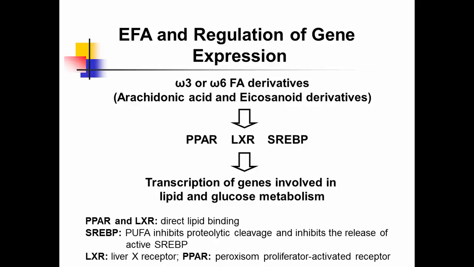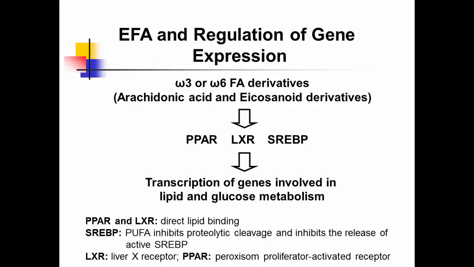Eicosanoid molecules are very important and can regulate a set of transcription factors that control the genes involved in lipid and glucose metabolism. For example, SREBP, you guys remember that, right? This is an important transcription factor that controls HMG-CoA reductase for cholesterol synthesis.